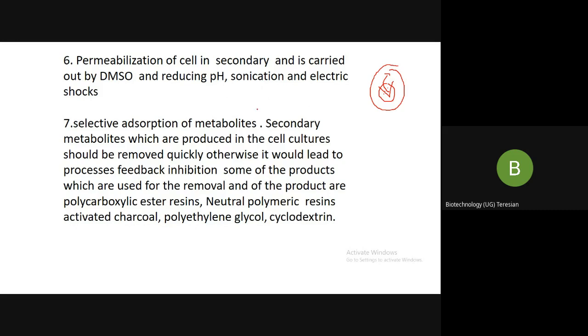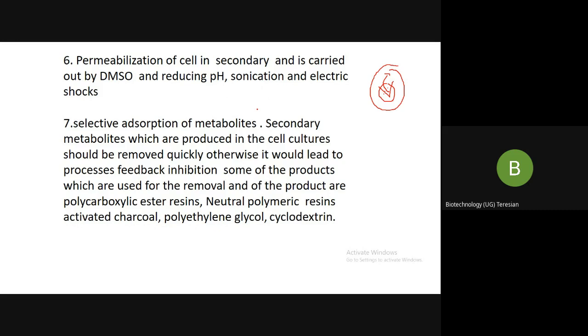The next method is the selective adsorption of the metabolites. It has been observed that the secondary metabolites which are produced in the cell culture should be removed quickly. Otherwise, it will lead to feedback inhibition, enzymatic or non-enzymatic degradation of the product in the media, or volatility of the compounds produced.